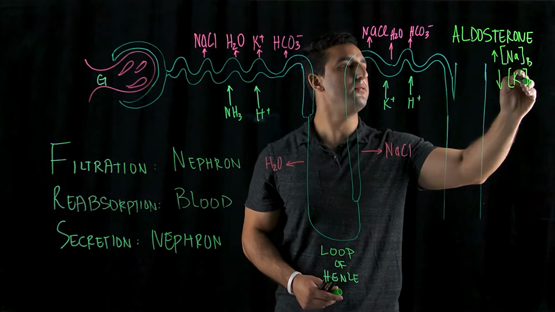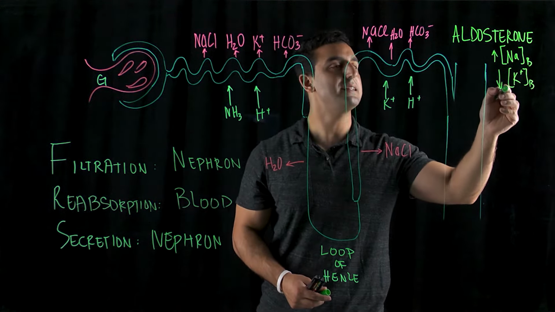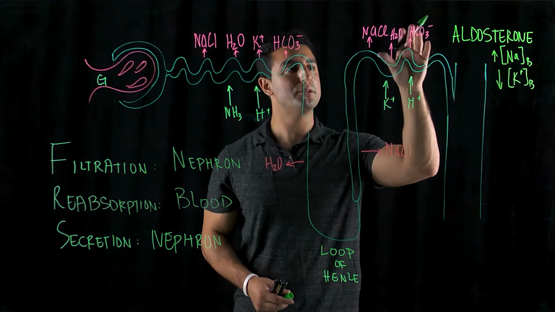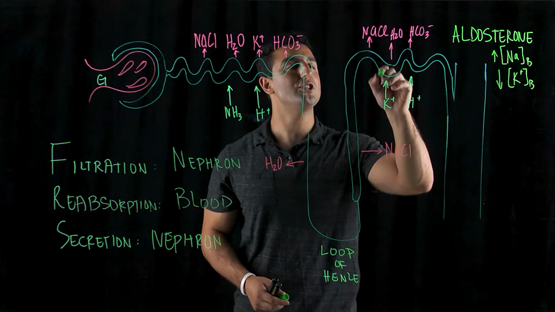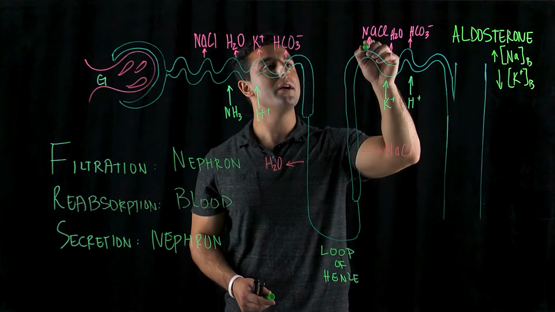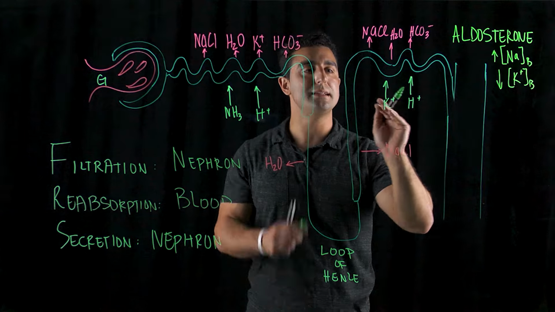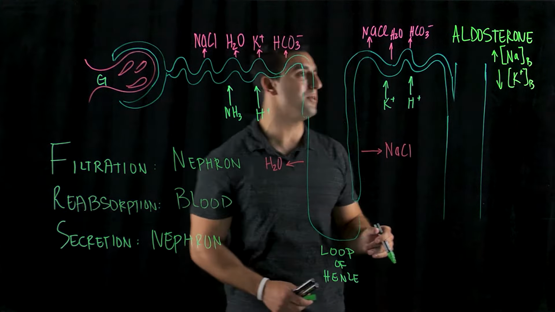So it's responsible for sodium reabsorption and potassium secretion. There are specific aldosterone receptors present on the distal convoluted tubule that allow for this exchange to happen. So it activates this exchange receptor where the sodium comes into the bloodstream, so it's reabsorbed, and the potassium now goes into the renal system and is excreted outwards.